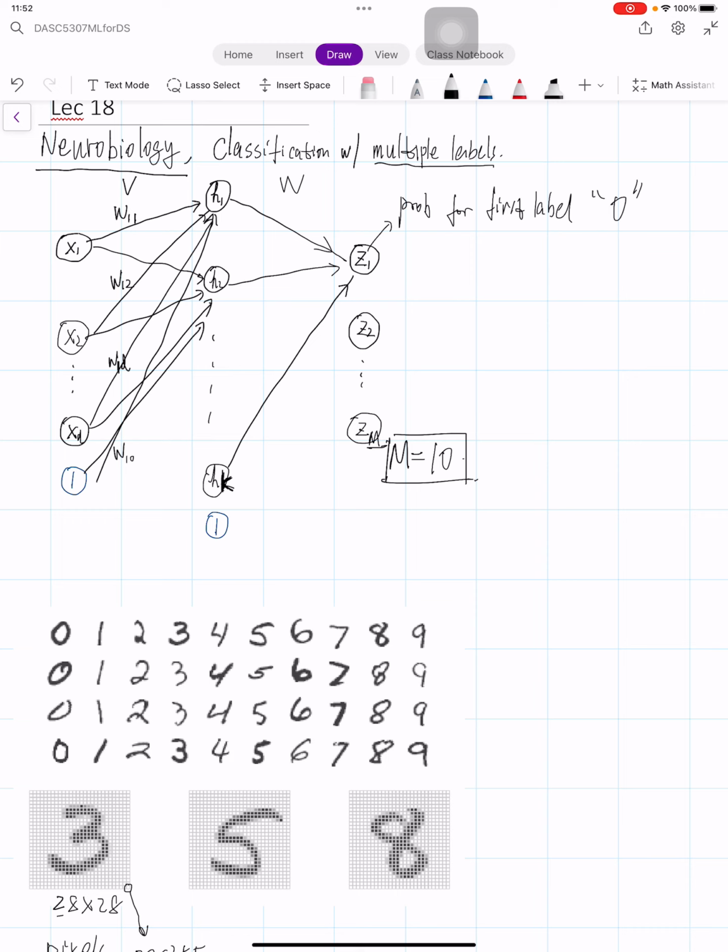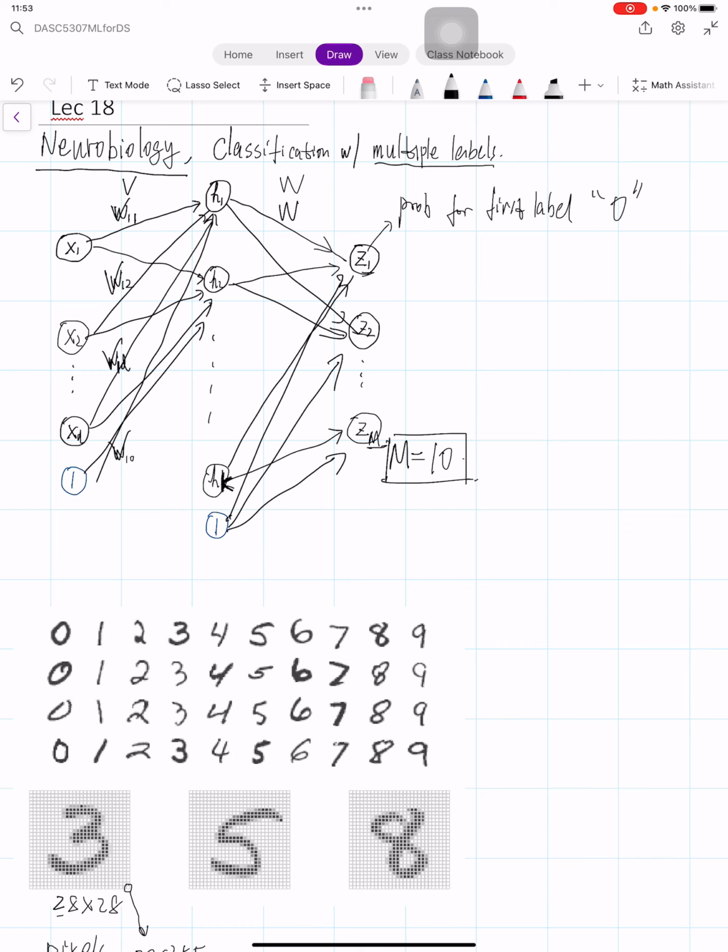We constructed this neural network with one hidden layer. This is our model. The first weight is V, the second weight is W.